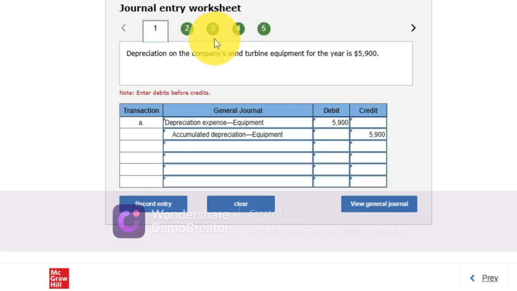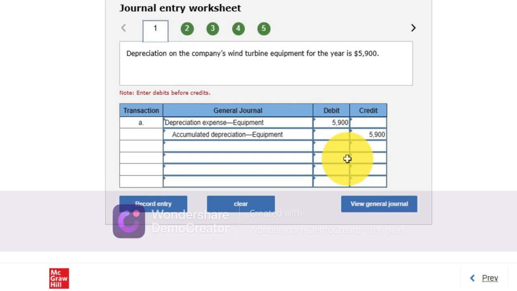These entries are essential to comply with the accrual basis of accounting and to ensure that financial statements are accurate and complete. That being said, I'll go straight to the first case that I have to solve.